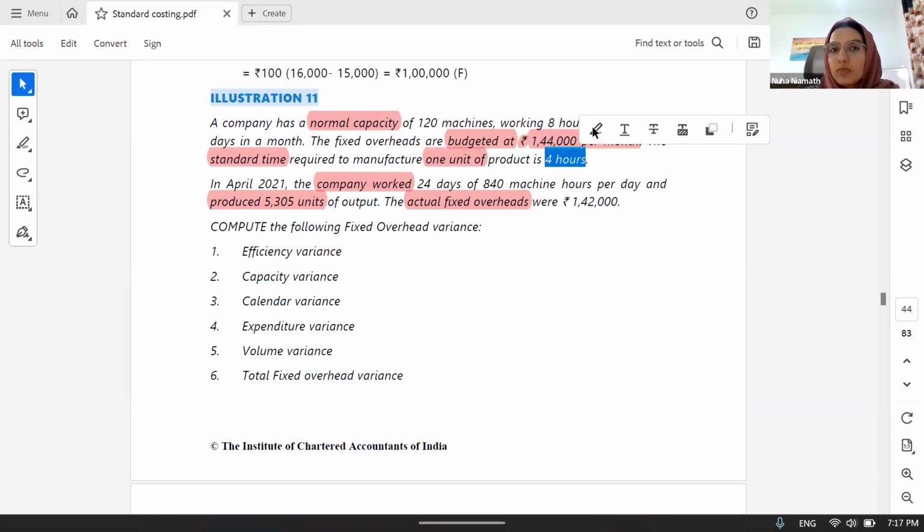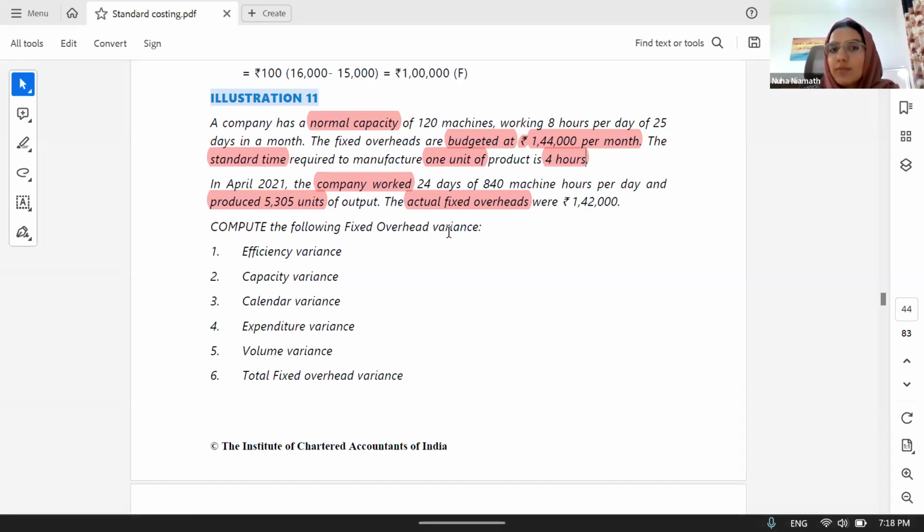In April 2021, the company worked 24 days of 840 machine hours per day and produced 5,305 units. This is your actual output. The actual fixed overheads were rupees 1,42,000.